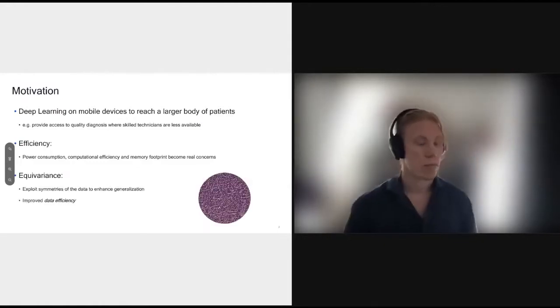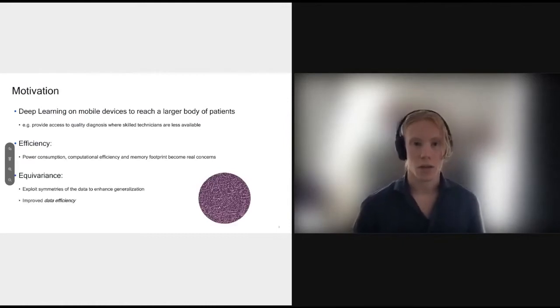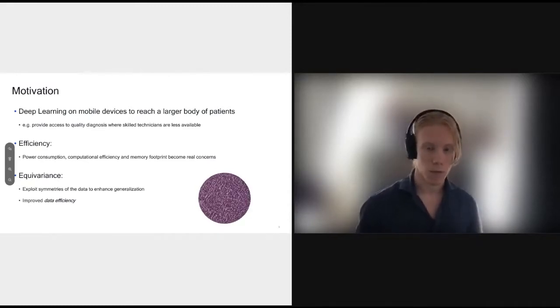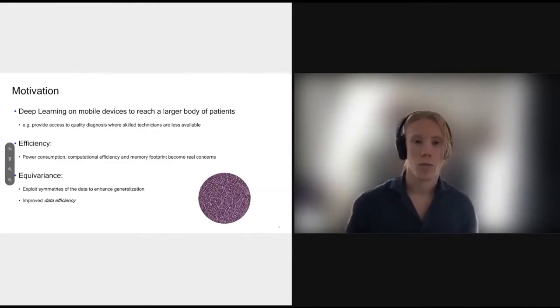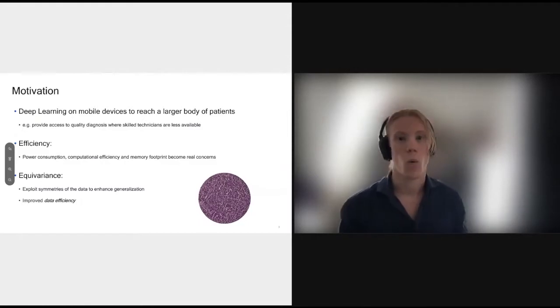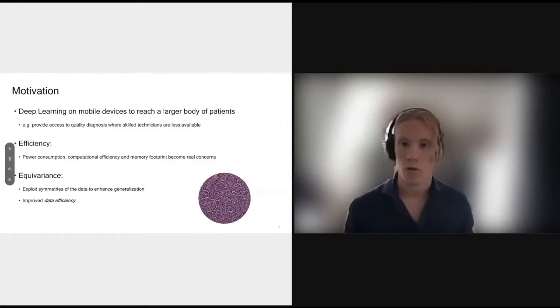On the other hand, medical images often present certain symmetries, such as rotational symmetries. For example, if we have a tissue scan, this tissue doesn't have a preferred orientation, and we would like the prediction of our model to be consistent at any possible rotation of this tissue. It would be nice then to build a model which is able to generalize over a rotated version of this image by only seeing one of them, since they are ideally equivalent.